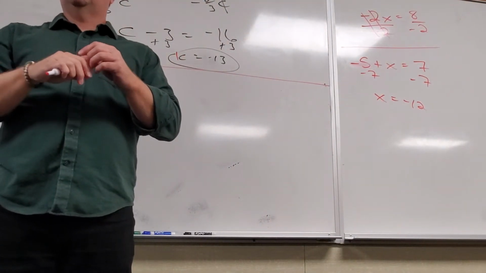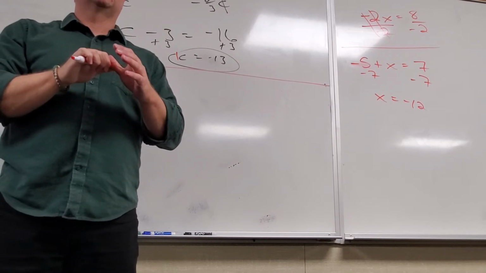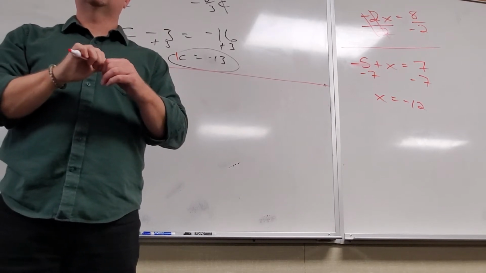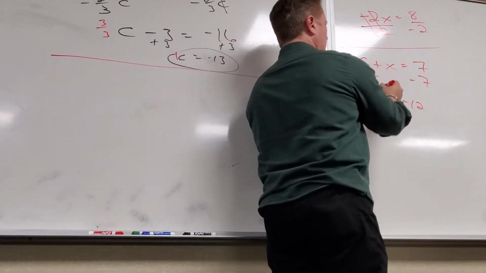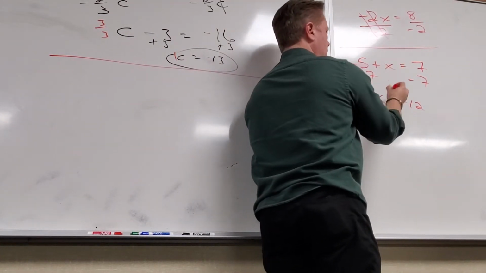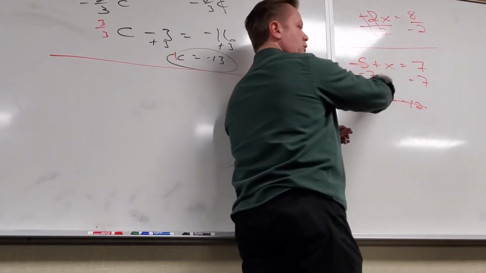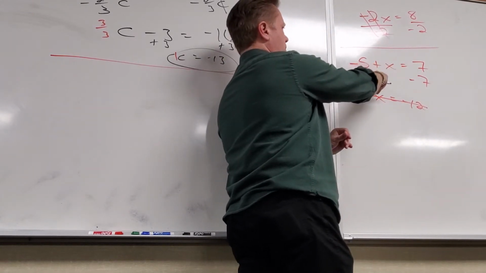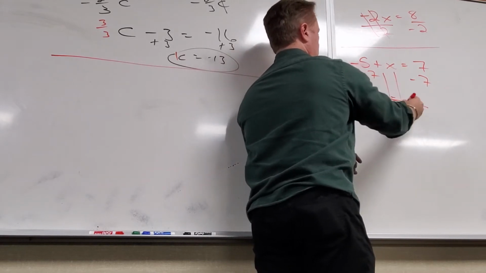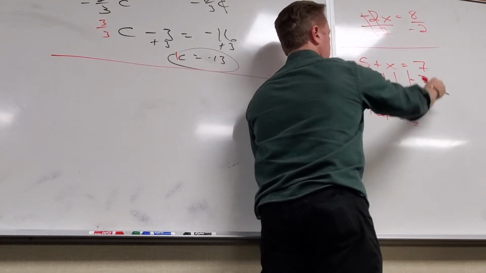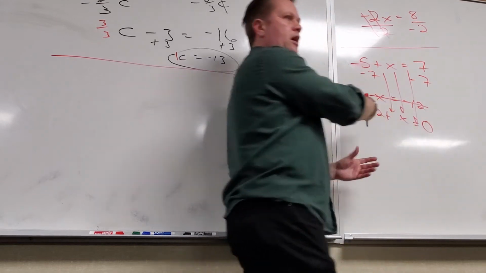Do you see the mistake? So what I try to do on the papers that did this, I said, follow what you did. What is negative 5 minus 7? Negative 12. Plus x equals. And what is 7 minus 7? 0. So you haven't solved yet.